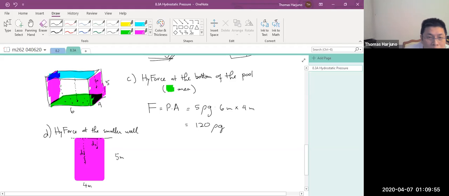The only points that have the same pressure are those points that share the same depth. At this line here, they all have the same pressure.